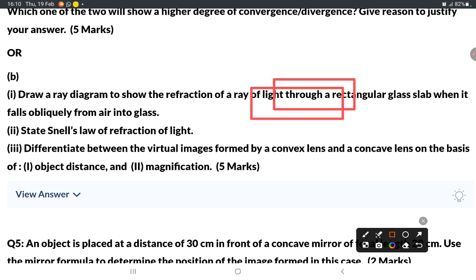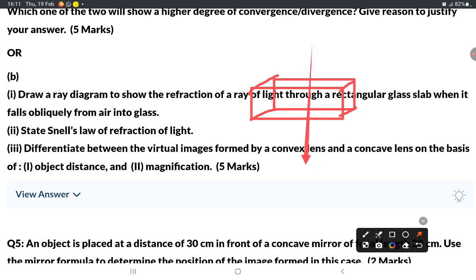For example, this is a glass slab. Clear? Of course this glass slab is not much width, but I drew it simply. So I drew one ray. Obliquely means, for example, this is a normal I drew. Clear?